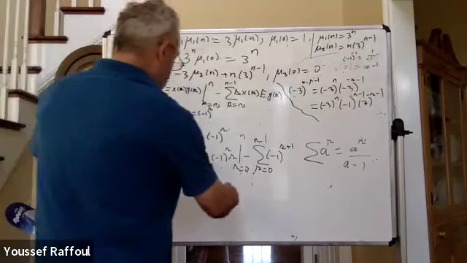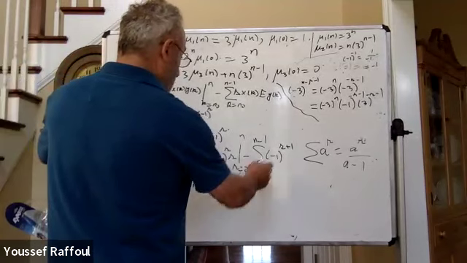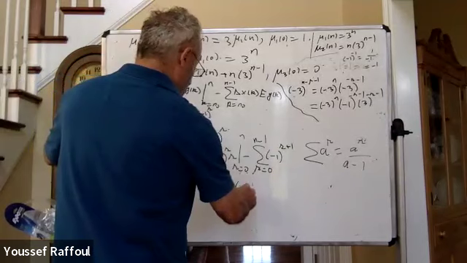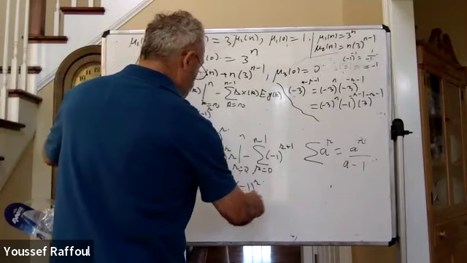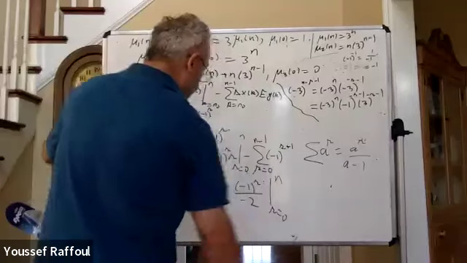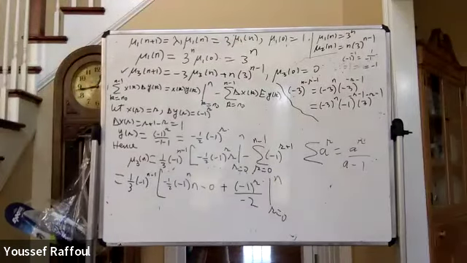And this one is a plus (−1)^r over −2, r equals 0 to n. Okay?